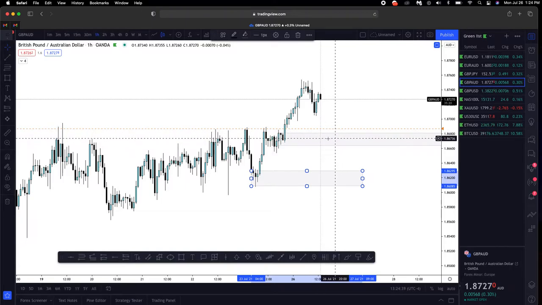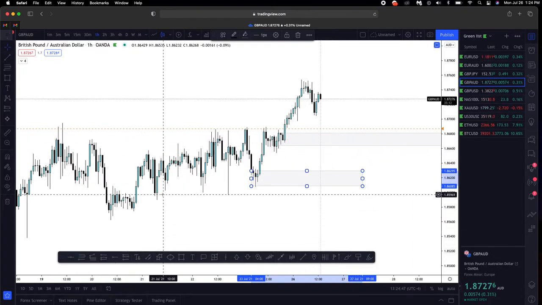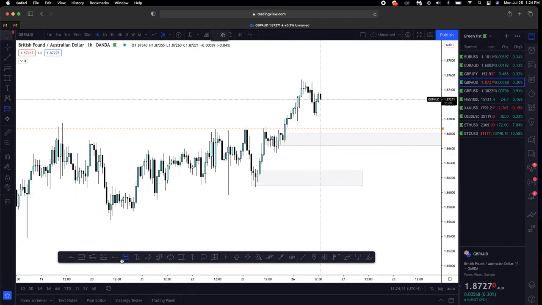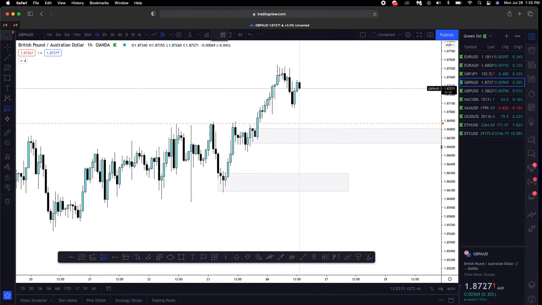So if the market doesn't retrace and if it hits stop loss for this level, then I would go with this level, right? Basically I have an alert right here, so I'll get an email once the market retraces back to that level so I can look for longs, right? We're on the 1 hour.